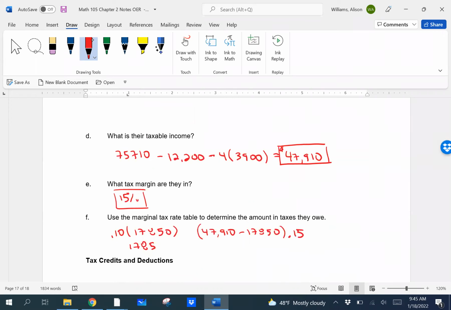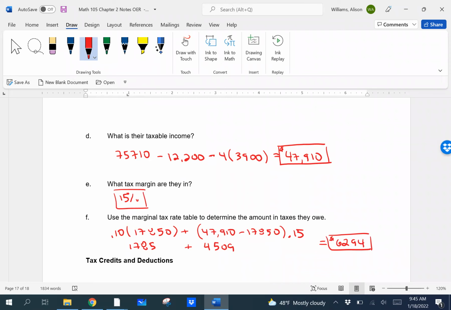It comes out to 30,060. And then 30,060 times 15% is 4,509. And that is what they're going to pay in taxes, added to the 1,785. So a total of 6,294.